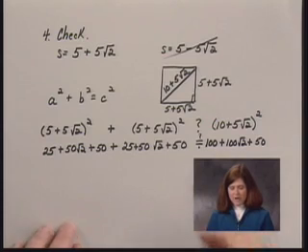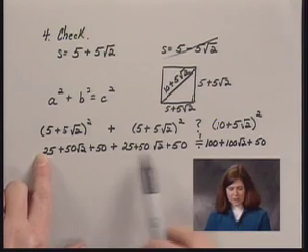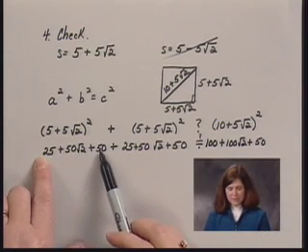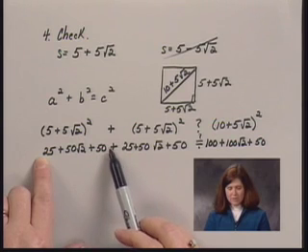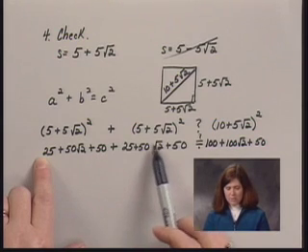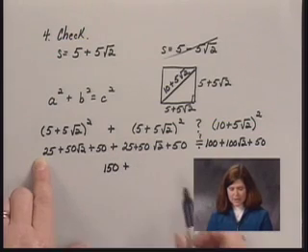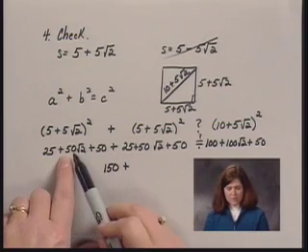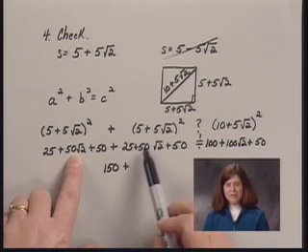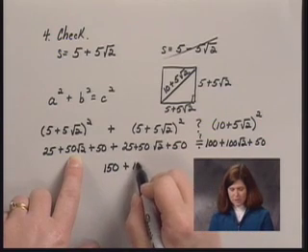Now I'm going to simplify both sides. I'm going to combine like terms. I have 25 plus 50, which is 75, plus 25, which is 100, plus 50, which is 150. Plus, I have two 50 square root of 2 terms, 50 square root of 2 plus 50 square root of 2, which is 100 square root of 2.